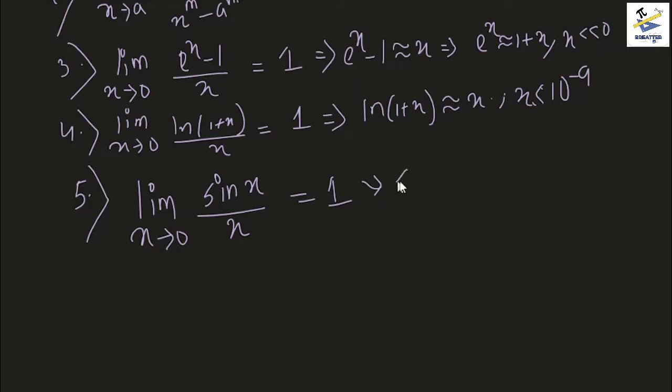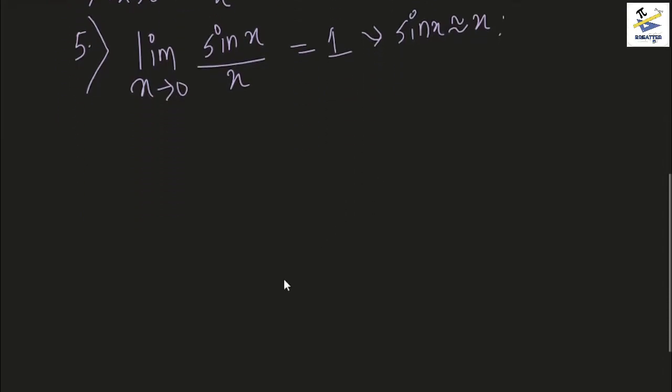And similarly here we also say that sin x is an approximation to x, or the approximation to sin x can be written as x when we have very small values of x, such as 10 to the power minus 9, 10 to the power minus 10, and so on. So these limit formulas also give you an approximation.